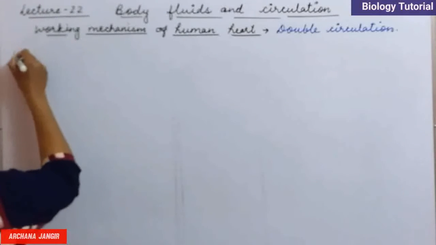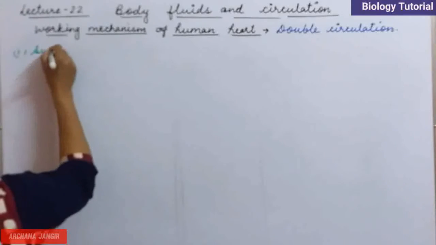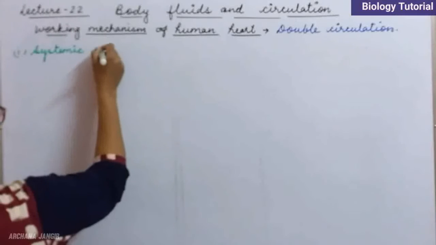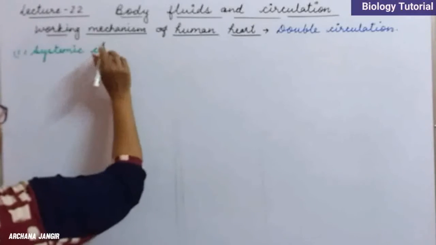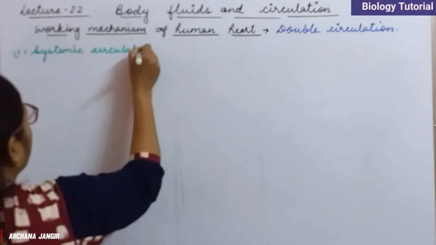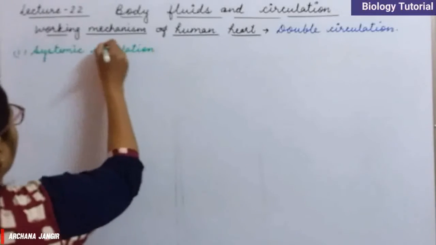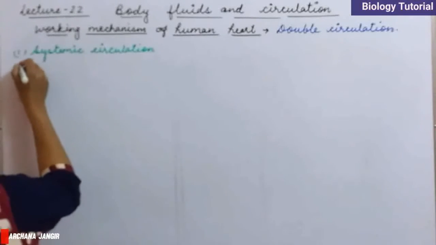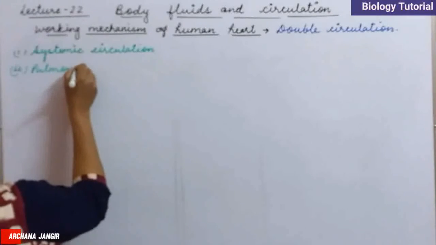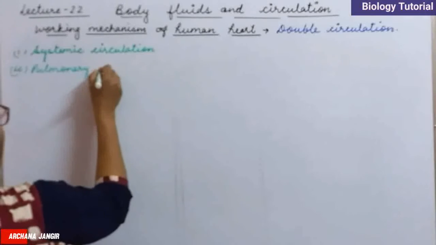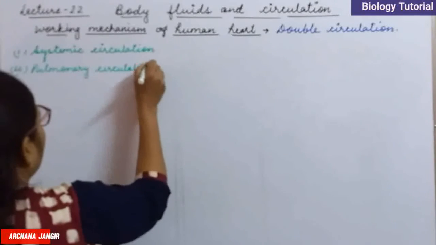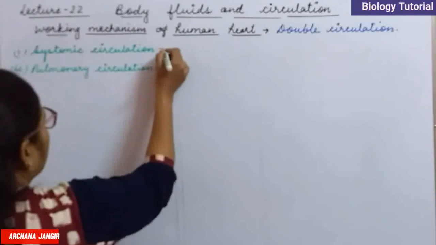So the first one is systemic circulation and the second one is pulmonary circulation. As we know, 4 chambers are present in the heart.